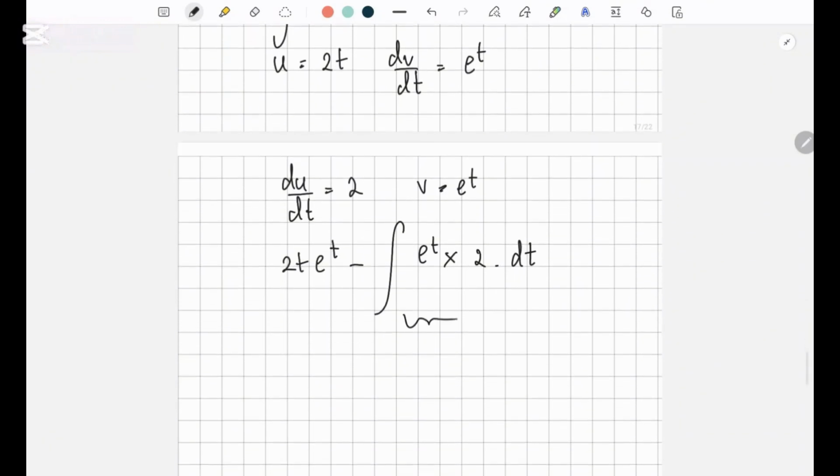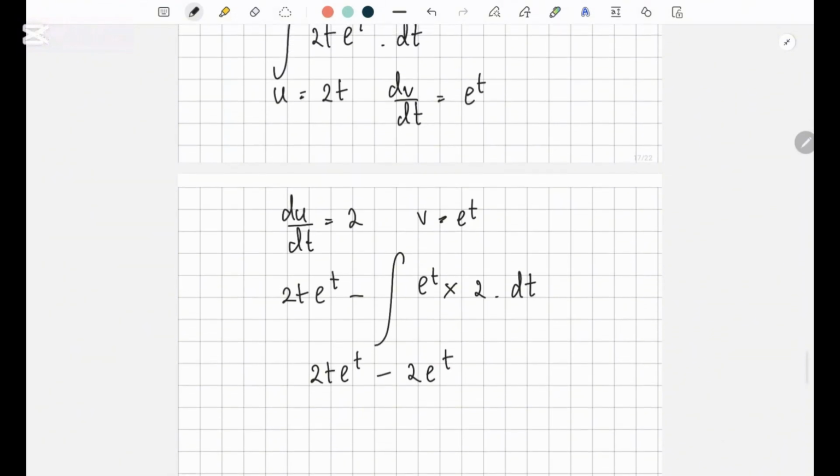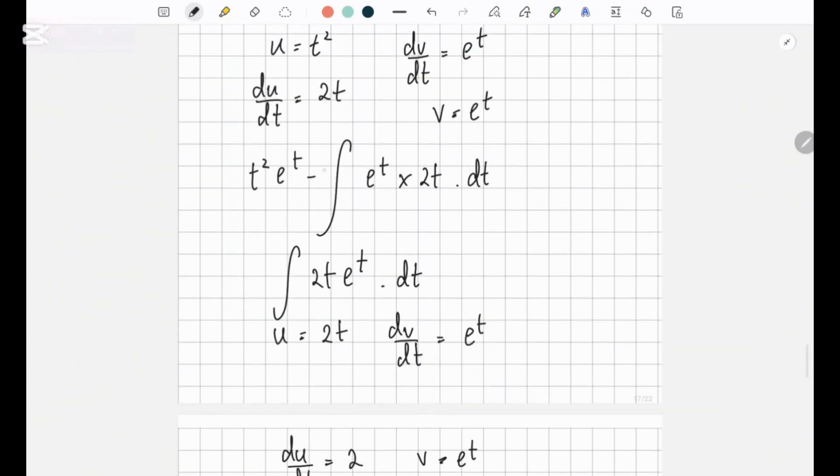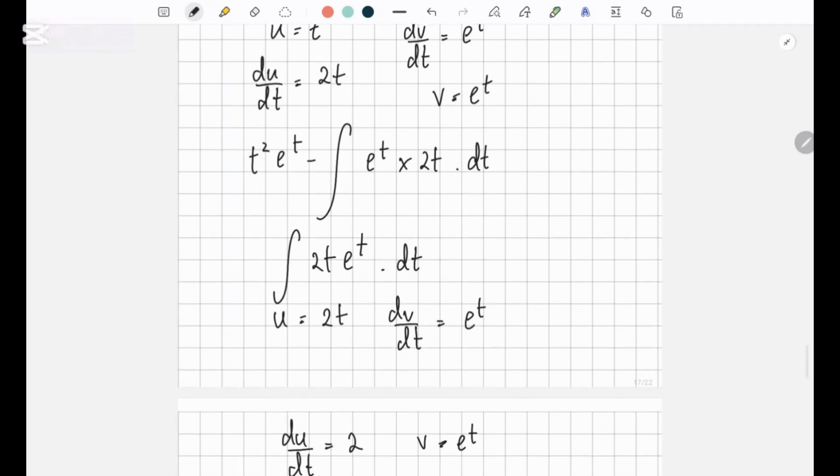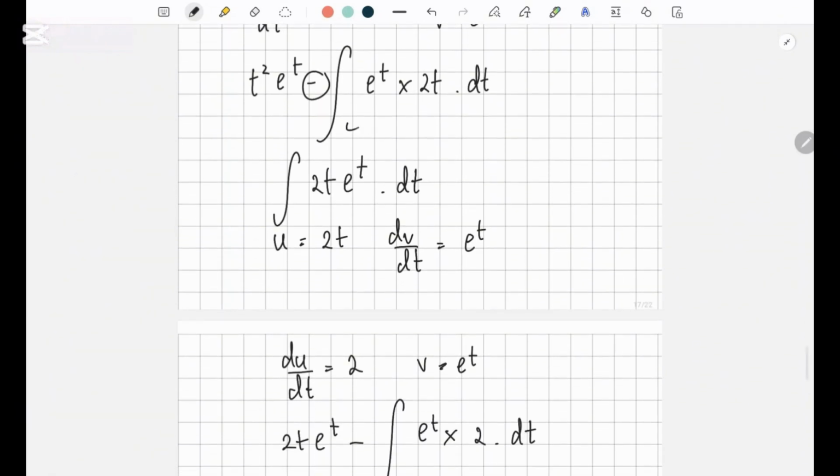So what's the integration of this? That's easy, right? So you have 2t e to the power t minus 2 e to the power t. Now this was behind, sorry, not in front. We had minus 1 in front of this integral, the one we just did.